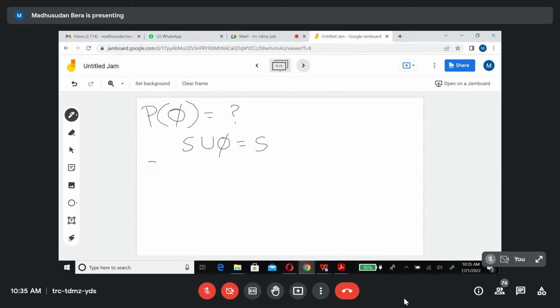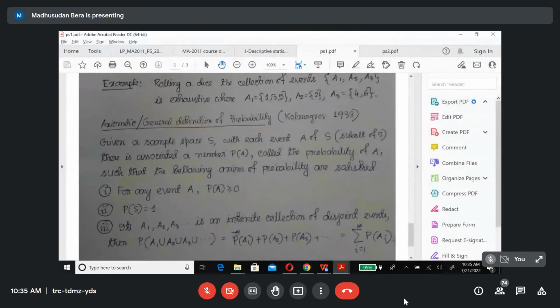Now if we take the probability of both sides, it will be the same. P of S union phi is P of S. Up to this line, okay? Now what is P of S union phi? We will apply axiom 3.